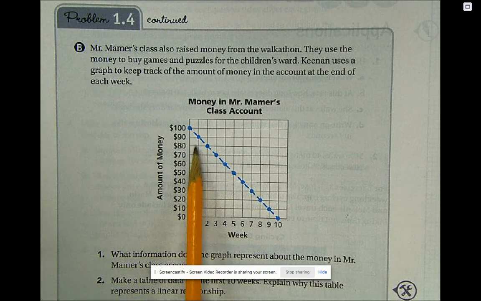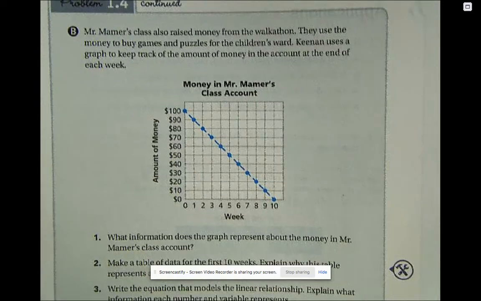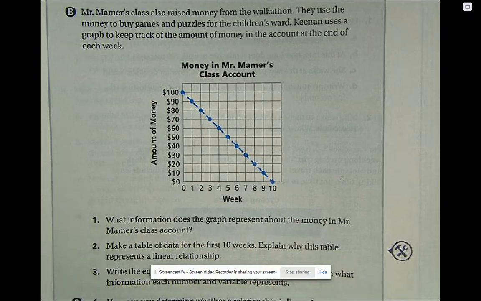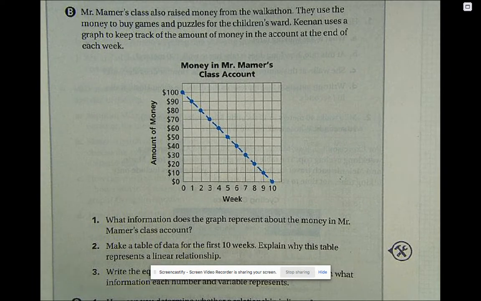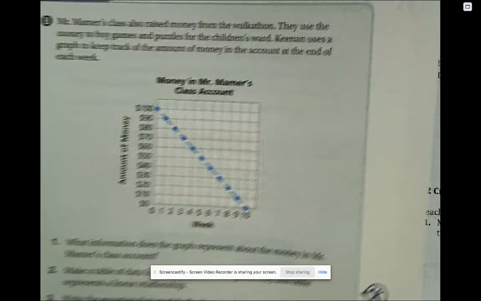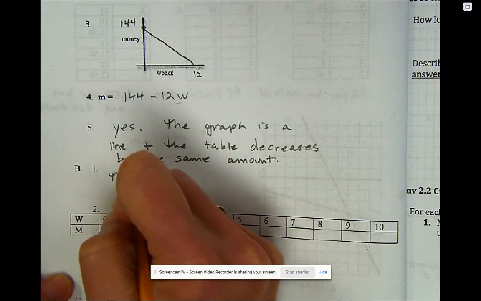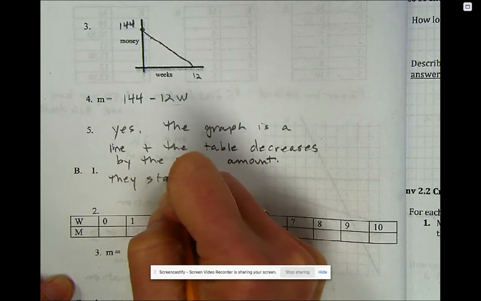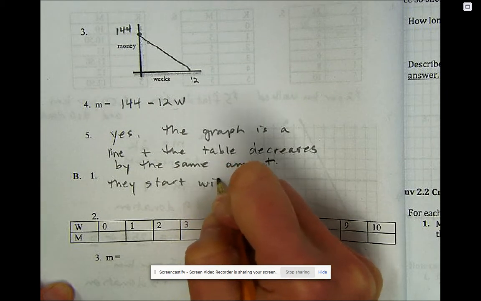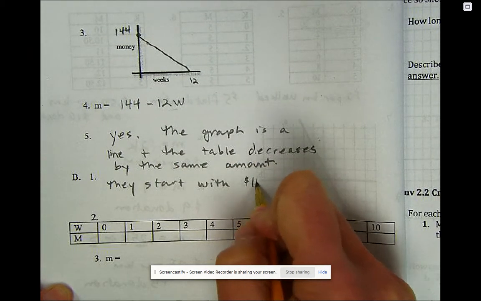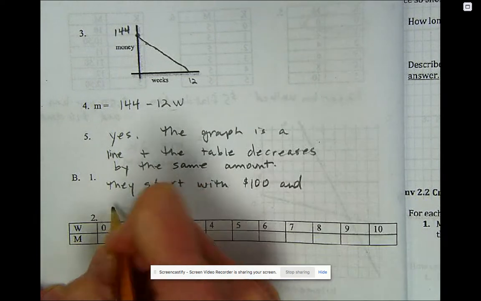After 1 week, they have 90. So what do you think this means? What's going on with the money in Mr. Mamer's class account? Okay, so did you say they start with $100 and spend $10 per week?